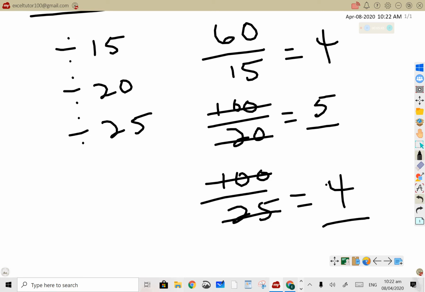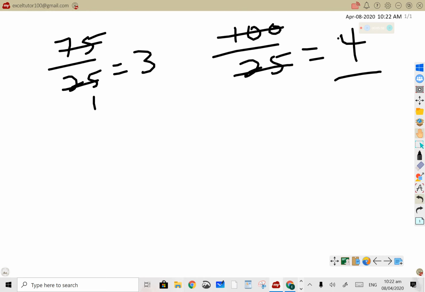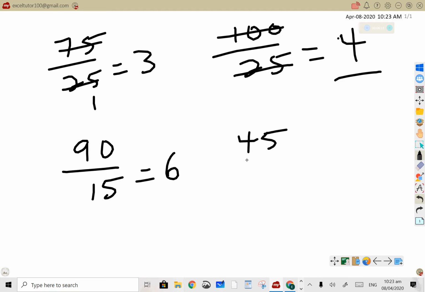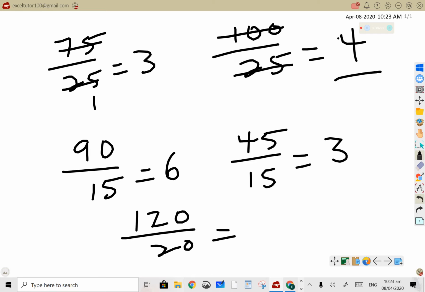Right, so we have different numbers as well that we can use, like 75 over 25, which is equal to 3. Right, we have 90 over 15, which is equal to 6. Now you have to be able to divide as easily as that. 45 over 15 is equal to 3. Alright, 120 over 20 is equal to 6. And so we keep going on.